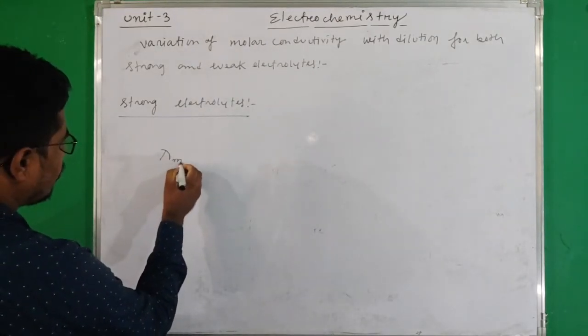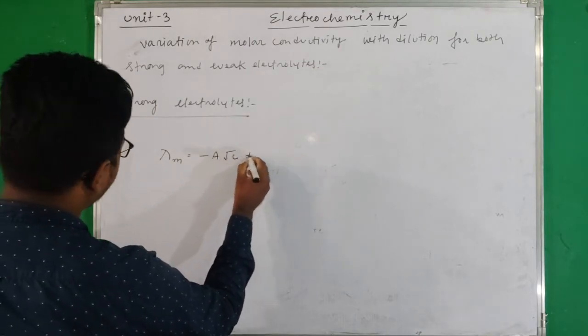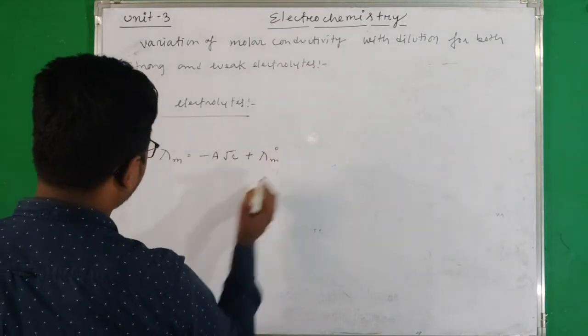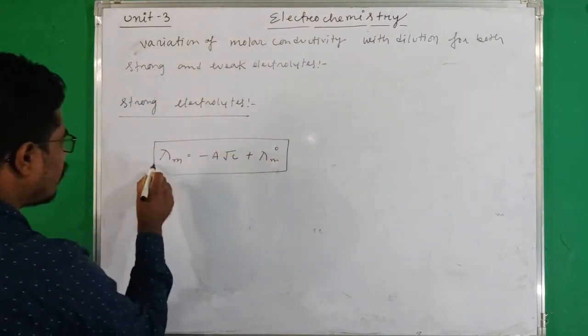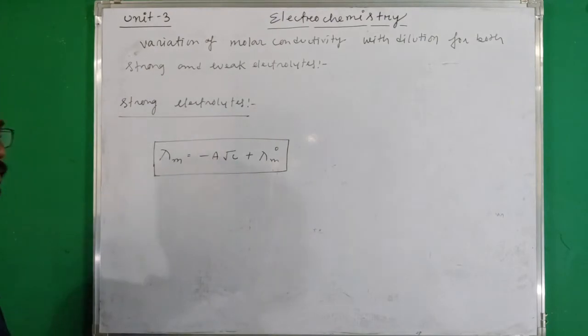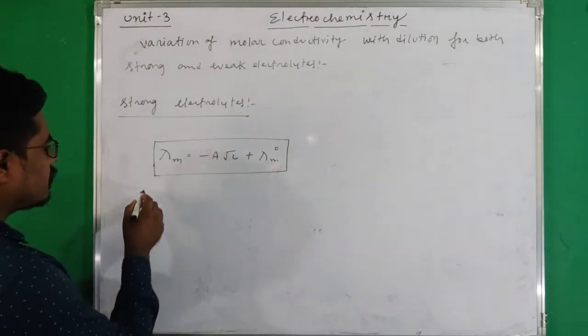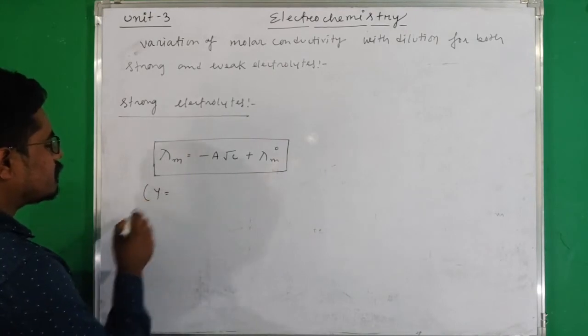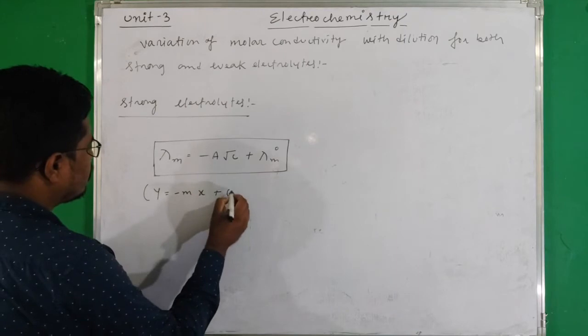That equation is Lambda m equals minus A root C plus Lambda m naught, and this equation is known as the Debye-Hückel-Onsager equation. This equation is similar to the equation of a straight line, y equals minus mx plus c.